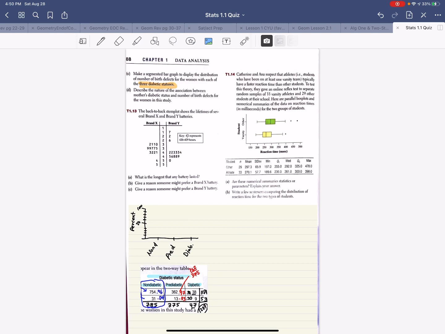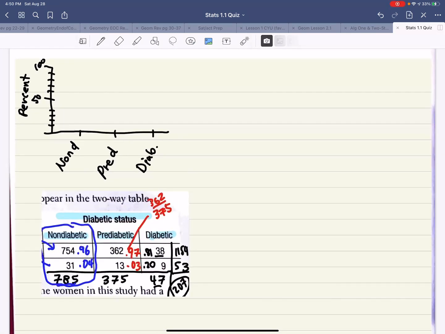All right, so I'm using this information to fill in my chart. So it looks like I'm going to go all the way up to 96%. And then I guess I'll show you this.